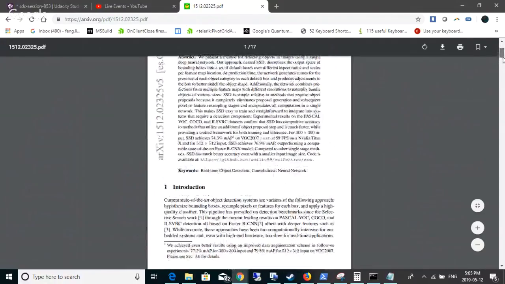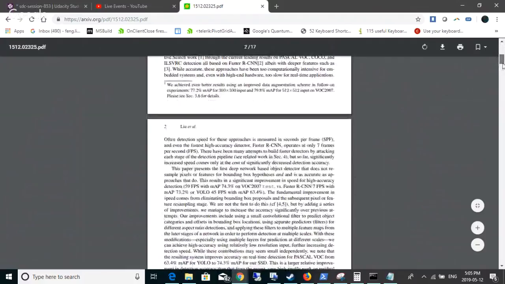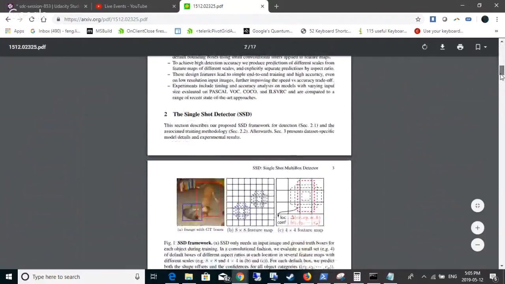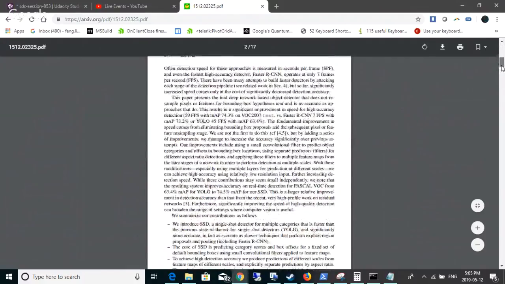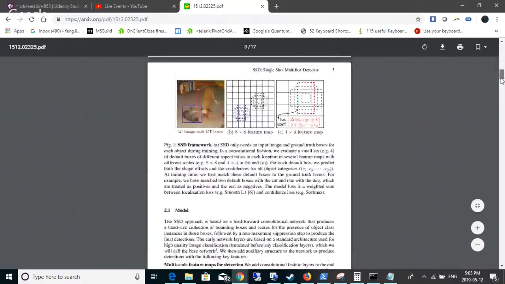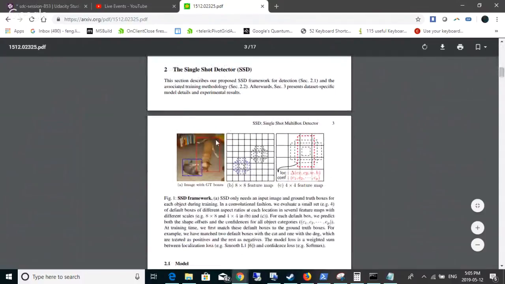So, single shot detection. I'll just give a general idea of what it does. In single shot detection, there are these proposed default boxes, and these are used to approximate the ground truths.